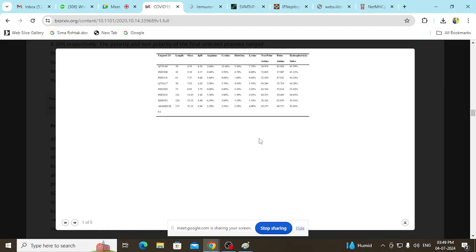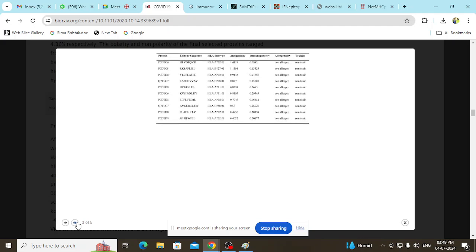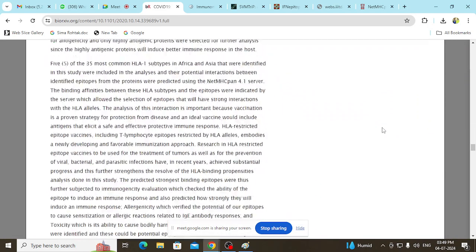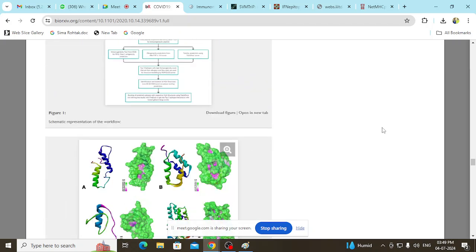Now these are some images and tables. This table is the whole analysis. Next to that, if there are some images, it will be good for you to understand.